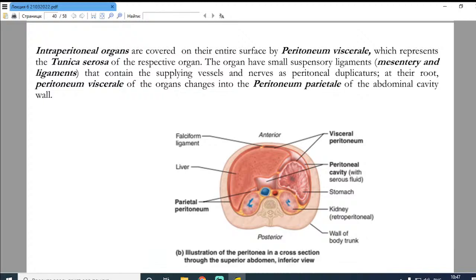The organ has a small suspensory ligament, mesentery, and ligaments that contain the supplying vessels and nerves as the peritoneal duplicatus. At the root, the peritoneum viscerale of the organ changes into the peritoneum parietale of the abdominal cavity wall.